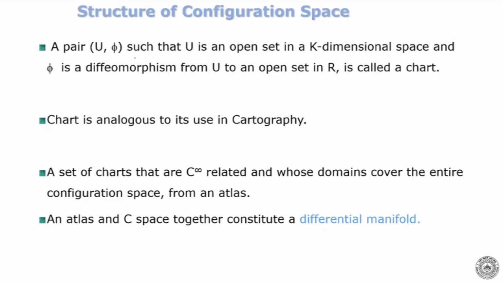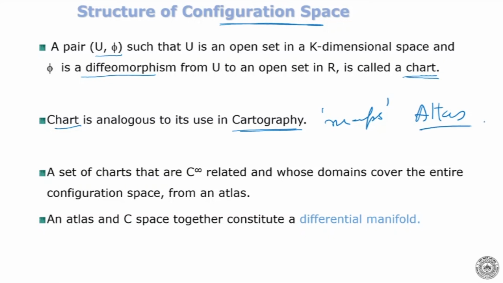So, structure of configuration space: a pair (U, phi) such that U is an open set in a k-dimensional space and phi is a diffeomorphism from U to an open set in R^k is called a chart. Now, chart is analogous to its use in cartography or maps. You would have heard the word maps, you would have heard of atlas. You might have used these in schools, maps and atlas.